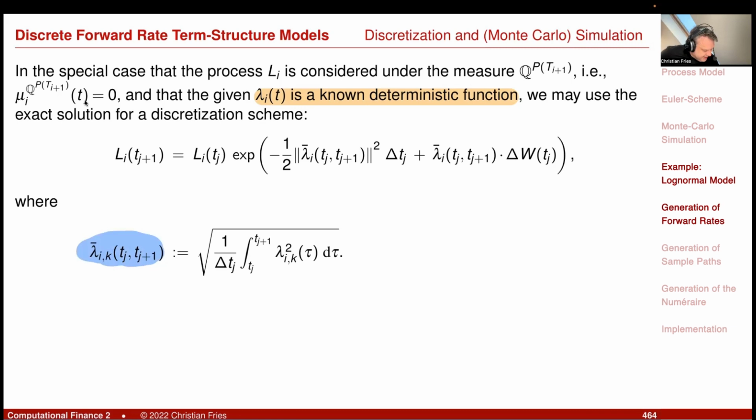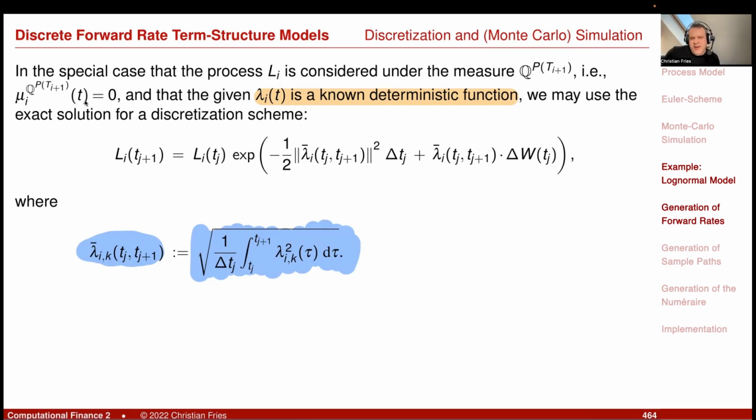So lambda I k bar is the square root of the integral of lambda I k squared over this time discretization step, divided by the time discretization step.